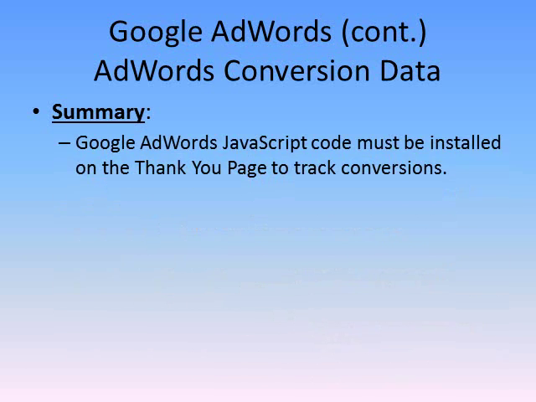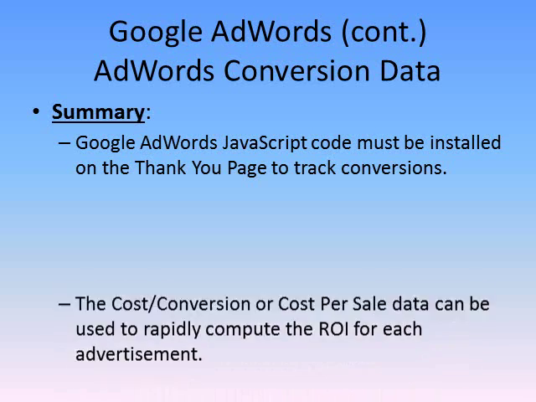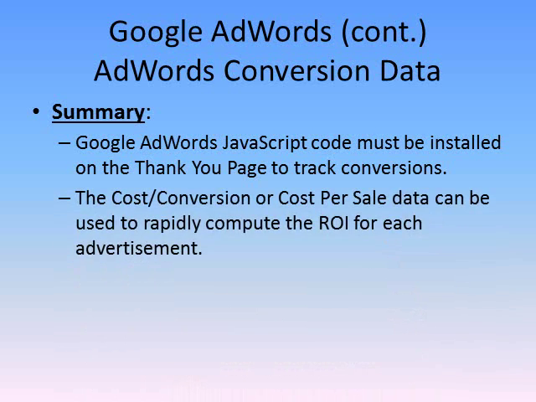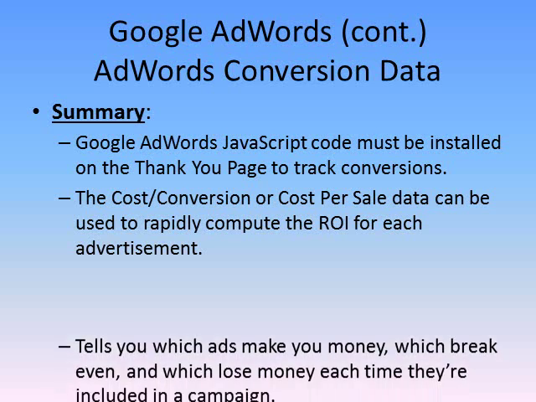So, Google AdWords JavaScript code must be installed on the thank you page associated with making this purchase to track conversions. And then you could use the cost per conversion or cost per sale data to rapidly compute the return on investment for each advertisement.